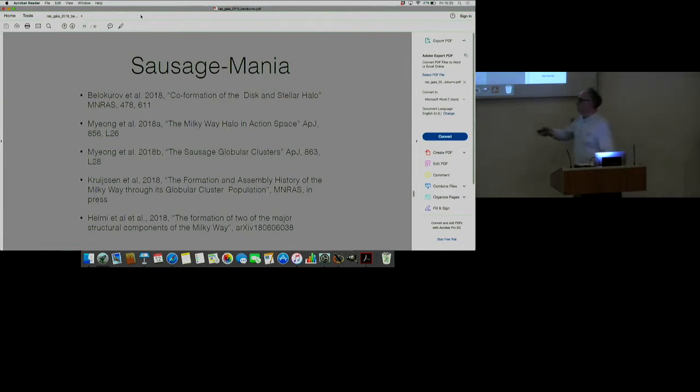There's also a very nice paper by Diederik Kruijssen, Nate Bastian, and co-workers, who didn't use Gaia data at all, but looked at the properties of the globular clusters and concluded from them that there must have been a similar sequence of events. So they also argued for a very early set of merger events. And then there is a nice summary in Amina Helmi's paper, the formation of two of the major structural components of the Milky Way.